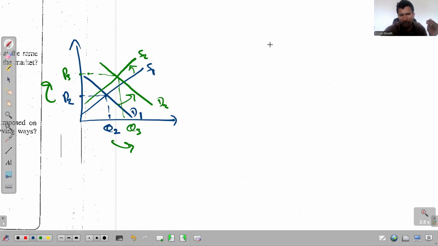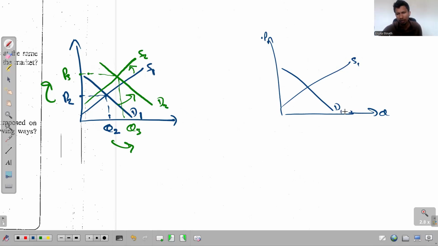Let's assume this is our initial demand curve and this is the initial supply curve, and supply decreases. So let me reduce the supply by this much. So supply reduces significantly now, and demand increases, but it increases only slightly. So this is the second demand curve.